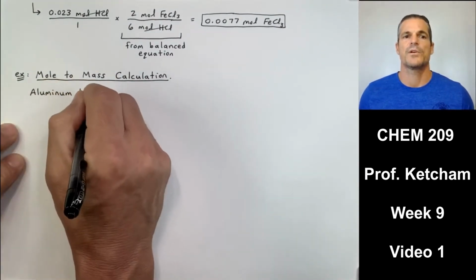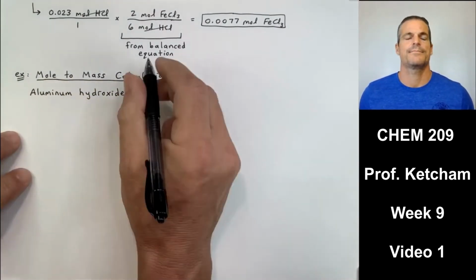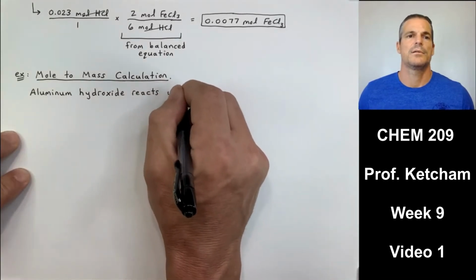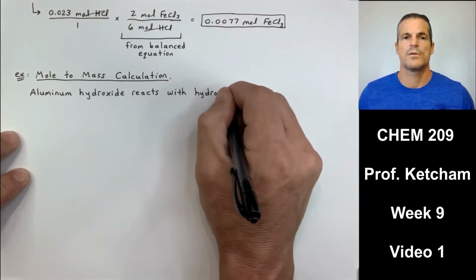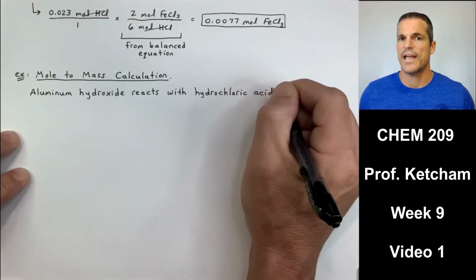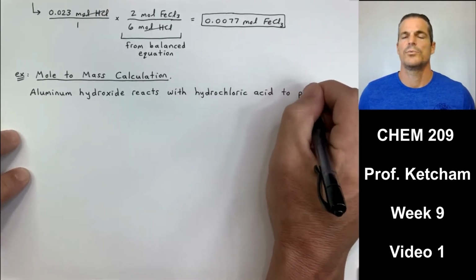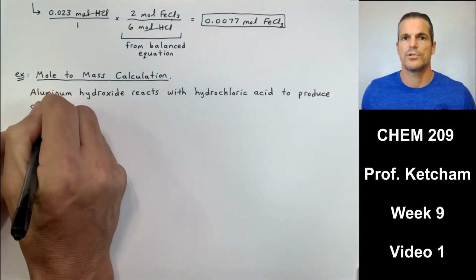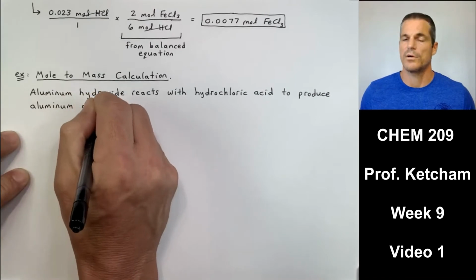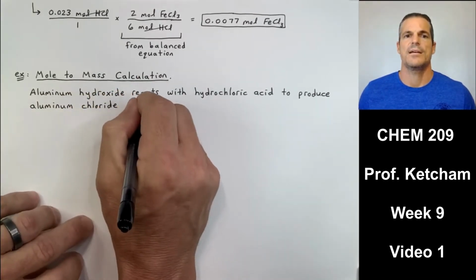Next example is when we go from moles to mass. So it says aluminum hydroxide reacts with hydrochloric acid to produce, that's the reaction arrow, to produce aluminum chloride and water.